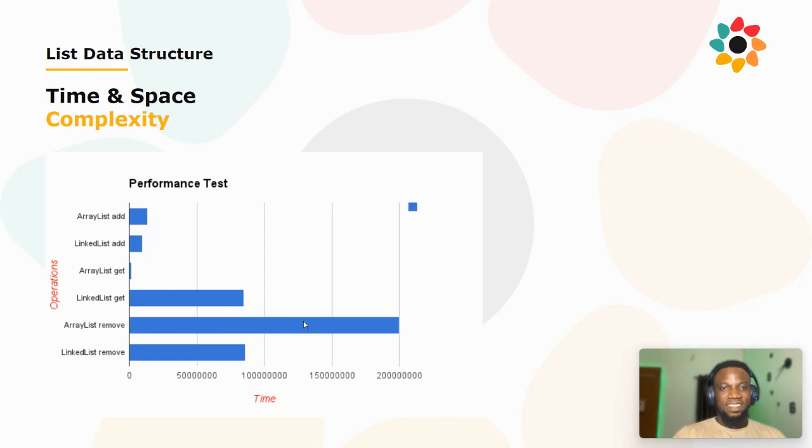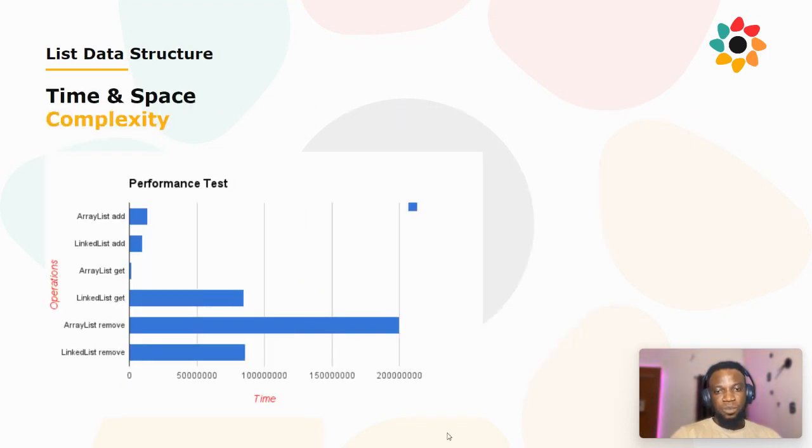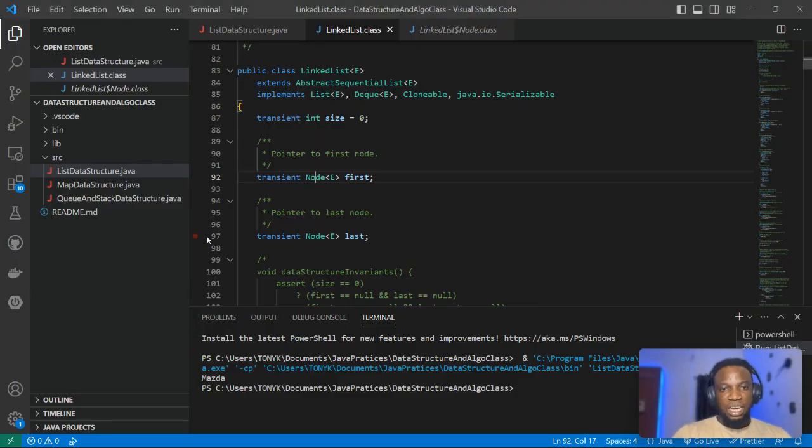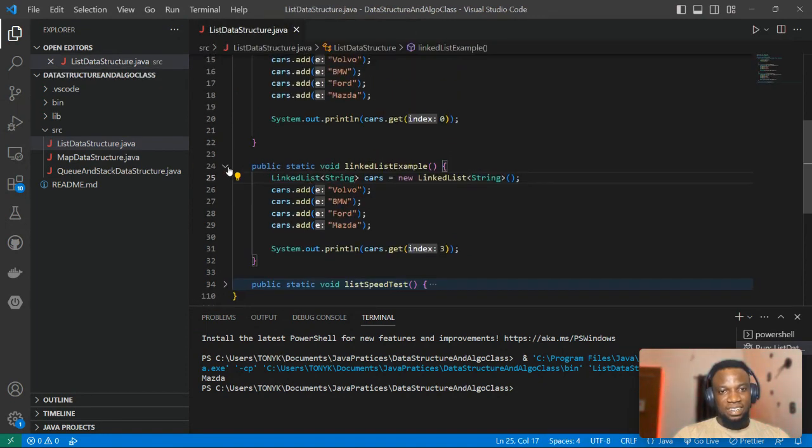The index, not the values. Okay, great. So I don't want to spend much time on this because we've actually spent more time talking about linked list and array list.